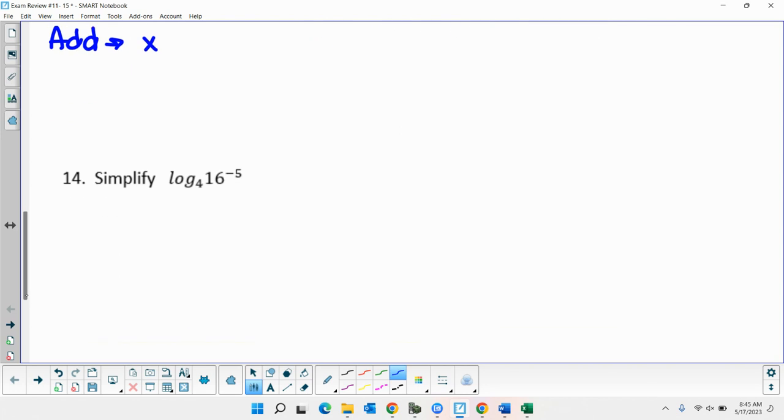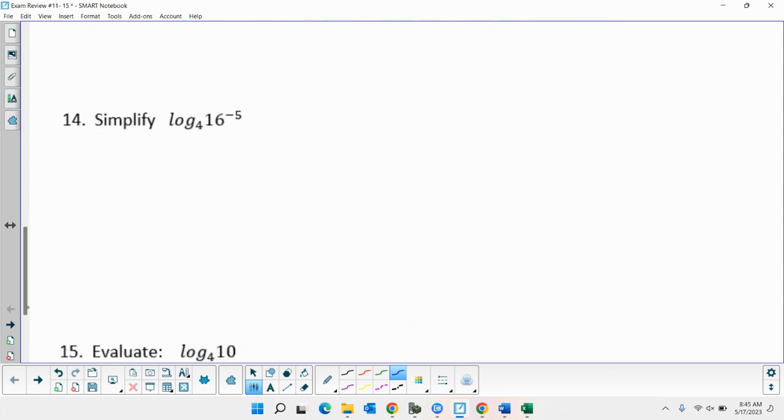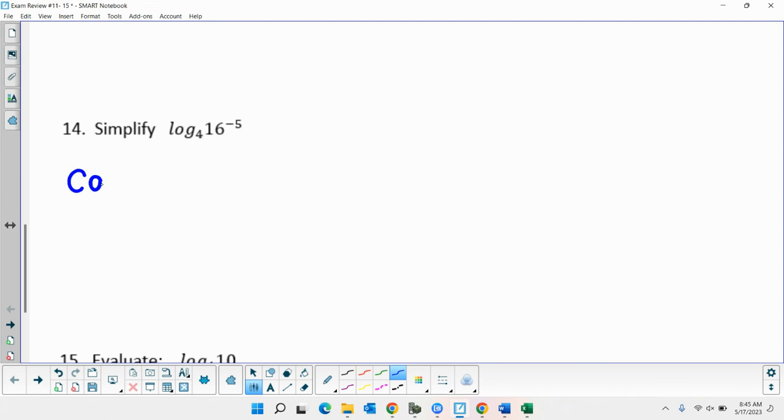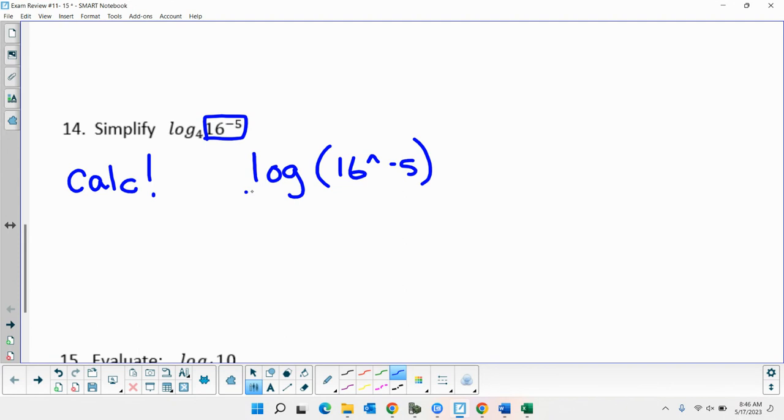Okay, on this one, just use your calculator. Okay? Now we're going to use the change of base formula. All right? Just going to go log of this over log of the base. What did I tell you?